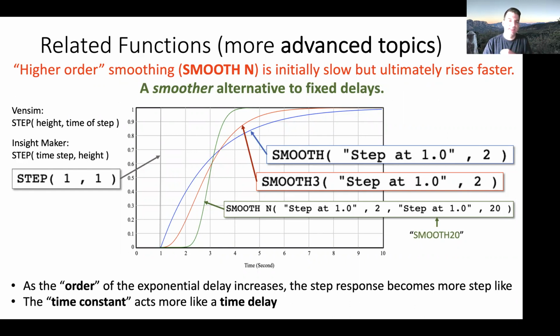And the larger you make this number, this 20, the steeper this curve is going to be, and the longer the period where it's flat is going to be. So again, the higher you make this n number here, the more your smoothing delay turns into a fixed delay.